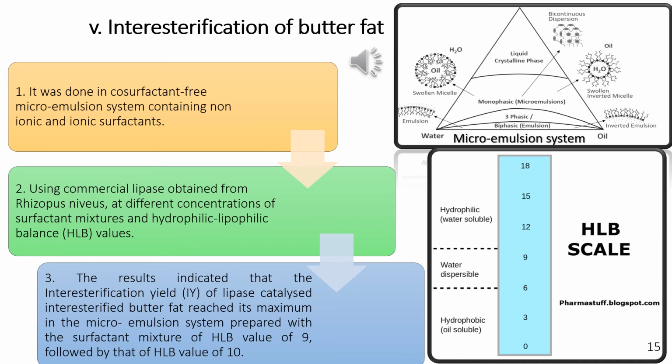So our results indicate that the interesterified yield of lipase-catalyzed interesterified butter reaches its maximum value in the microemulsion system that was prepared from the surfactant mixtures of HLB values of 9, followed by HLB values of 10.